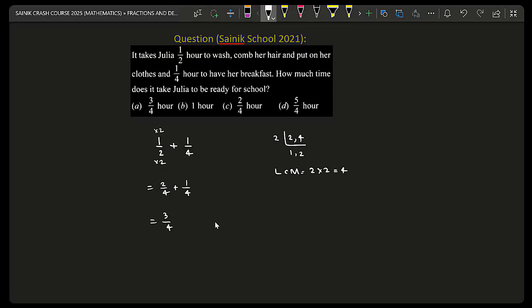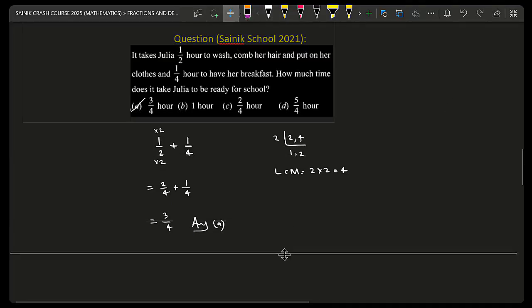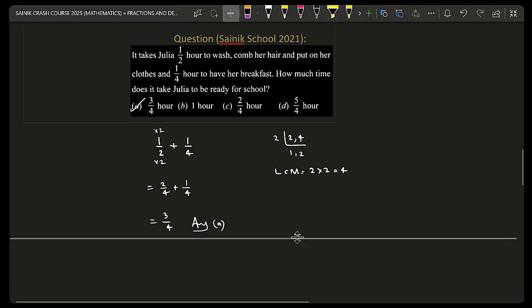Because I did not multiply. You should multiply both numerator and denominator by the same number. If you multiply only denominator, you will get the wrong answer because the value of the fraction is going to change, right? Yes. So answer A. Everybody can copy this, and if you have doubts, you can raise a hand. Very simple. I think no doubts will be there because it is simply addition of fractions.